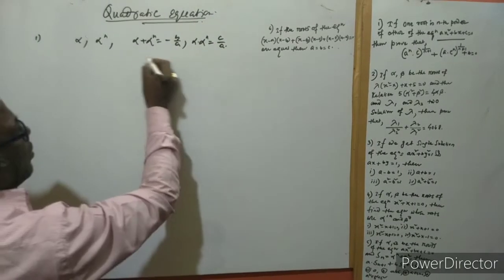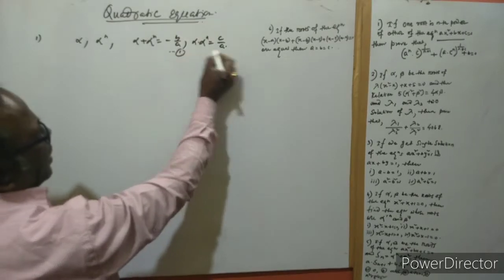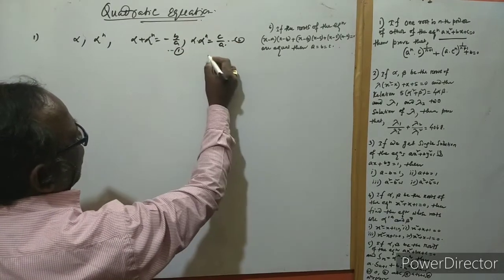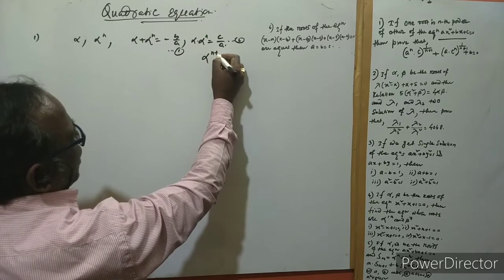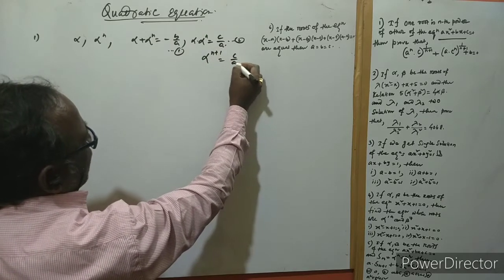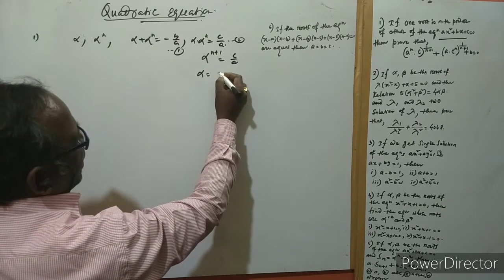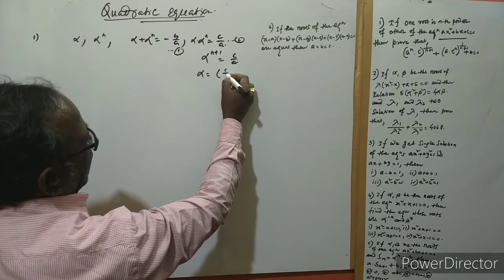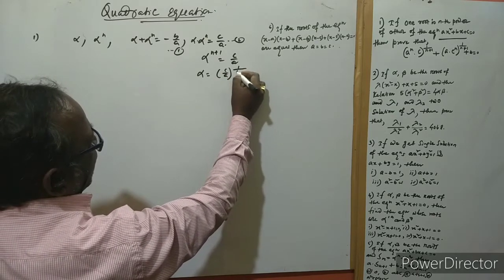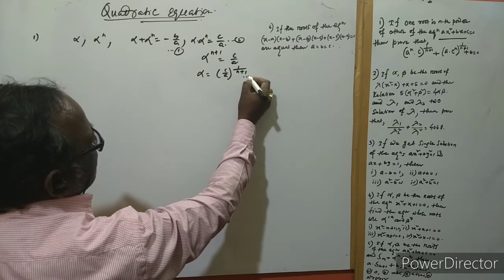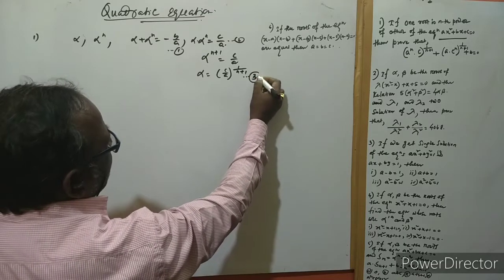So from this, this is 1 and this is 2 here, and now this is alpha to the power n plus 1, and that is equal to c by a, and we can easily write alpha is equal to c by a whole to the power 1 by n plus 1. Okay, and this is from 3 here.